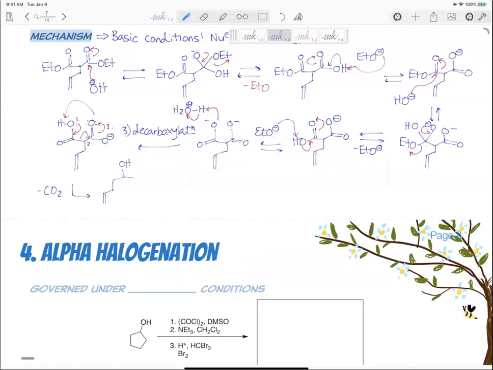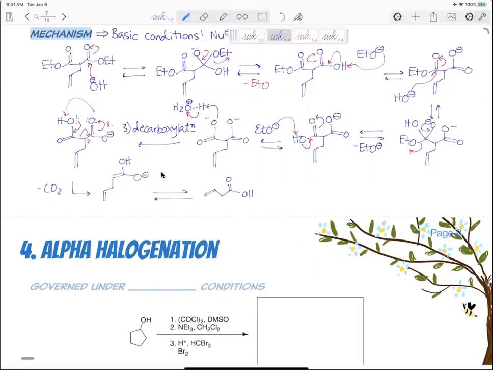So this is OH. Right here, you have my enol, and right here you have sort of an enol as well. So don't worry about it. Just go ahead and tautomerize into my final product. So we have 1, 2, 3, 4. I drew an extra carbon.